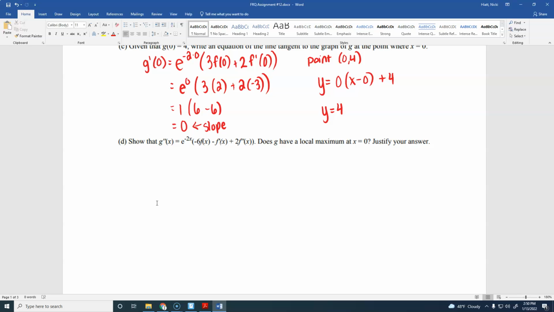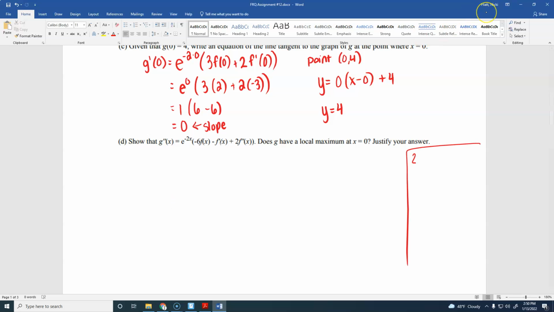Then they're asking about a local maximum or minimum. So what they're wanting you to do here is use the second derivative test. We did not do the second derivative test a lot. Okay? So I'm going to just write this over the side. This is not part of the problem.